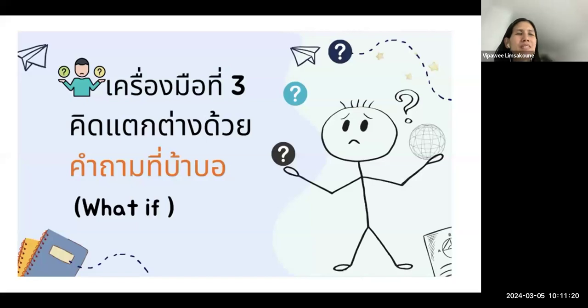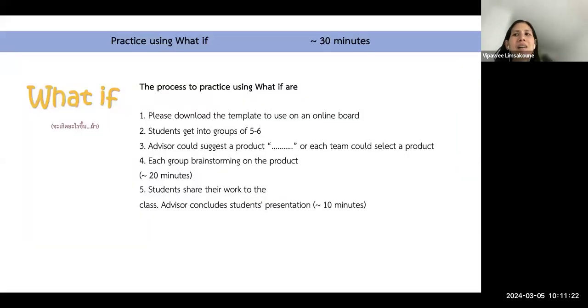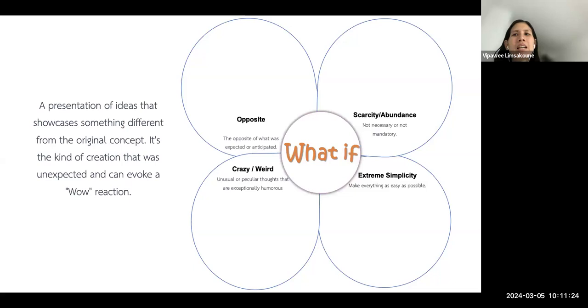What if? Some of it overlaps with SCAMPER as well for this one, but some of it is different questions. So it helps you think regarding your product development. What if is a set of questions. The first one is opposite.